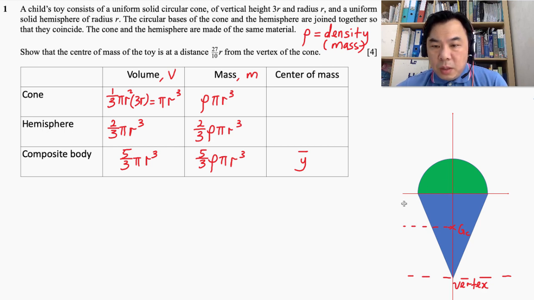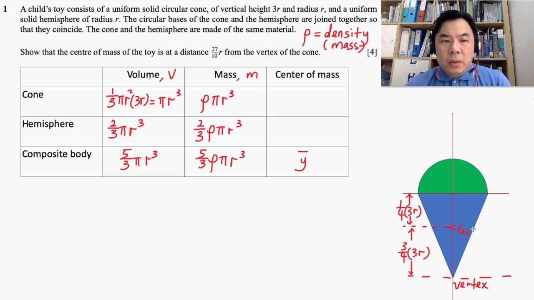That one must be 1/4 of this, because this whole thing is 3/4. Okay, this part is 3/4 of 3R, and then this one must be 1/4 of 3R. Right, so I hope that is clear.